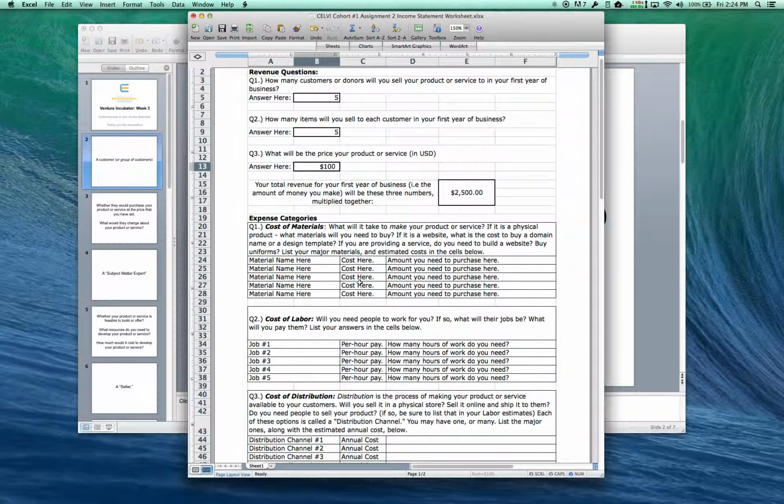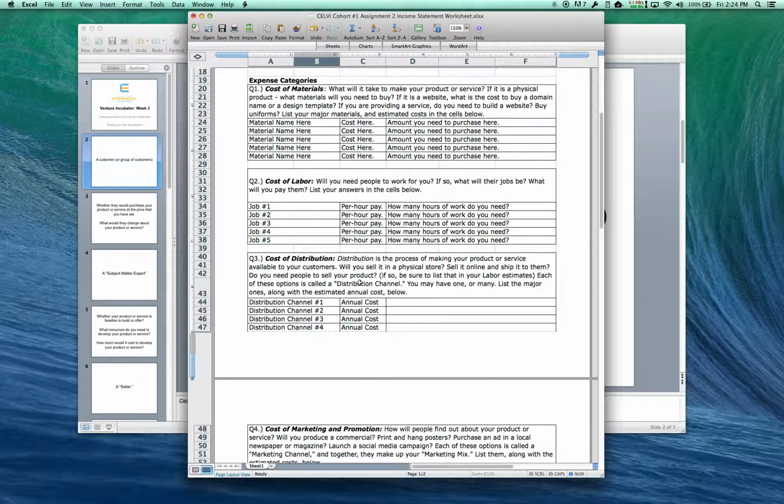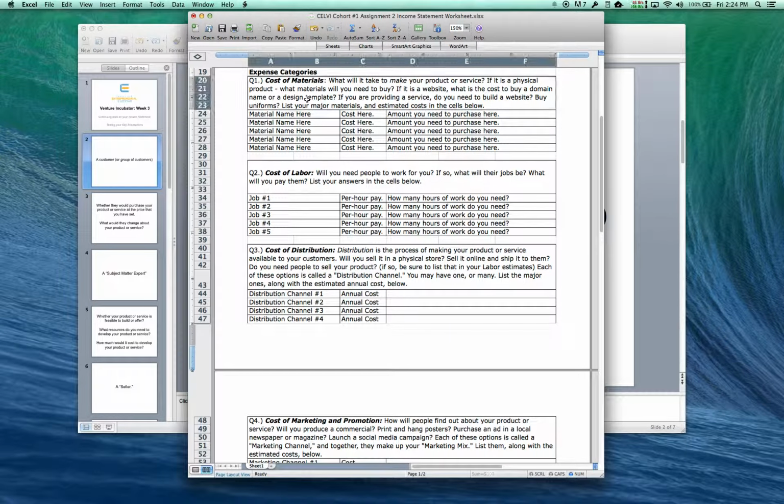Now let's move on to expenses. And as a reminder, expenses are what you spend money on in order to run your business. We have a few expense categories here. The first one is the cost of materials. Now this is pretty straightforward. It's what is it going to take to make your product or service? If it's a physical product, what materials will you need to buy? If you're making duct tape wallets, how much duct tape are you going to have to buy?